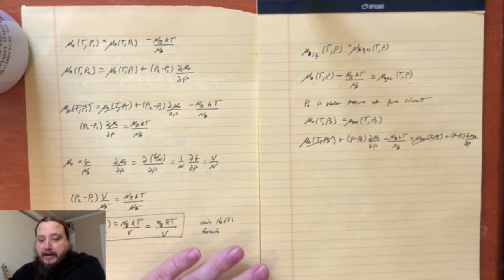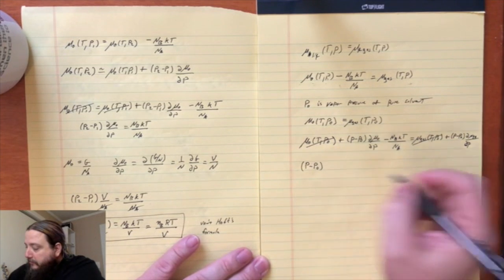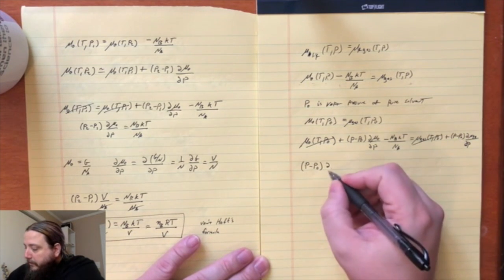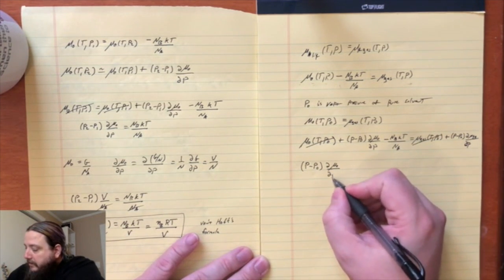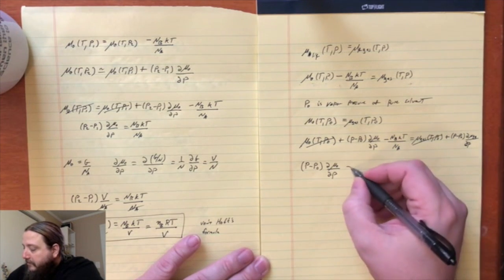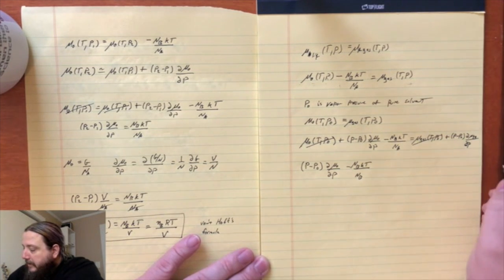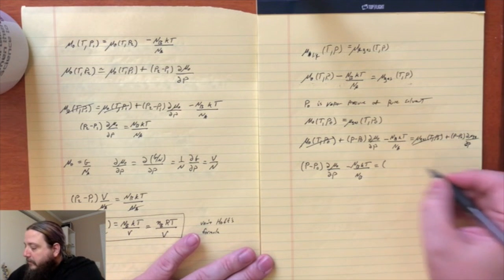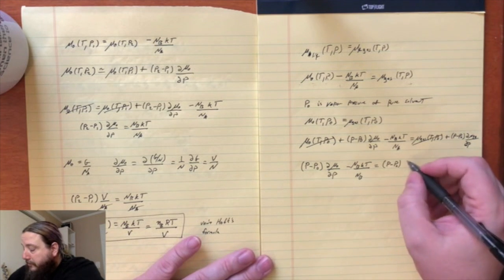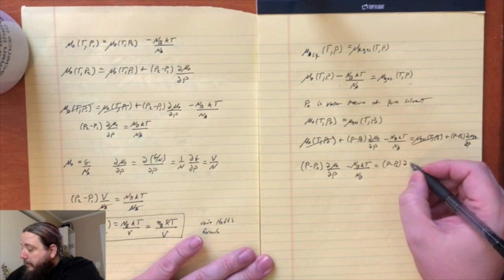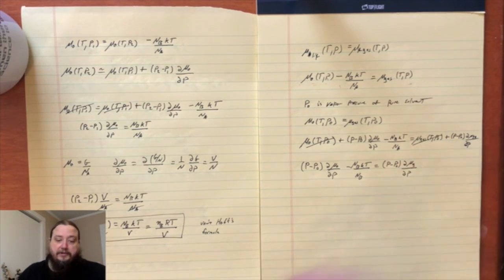cancels, and so we can rewrite this as the pressure difference, or the pressure change, times the derivative of the liquid chemical potential with pressure, minus the solution term here, N_B over N_A kT, and that's got to equal again the pressure change, or the change in the vapor pressure, times the derivative of the gas chemical potential with respect to pressure.